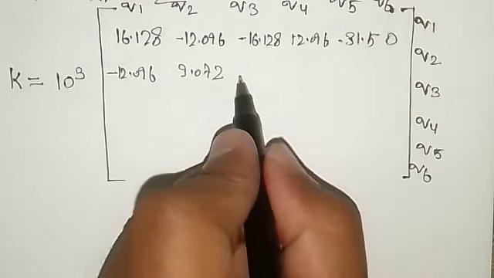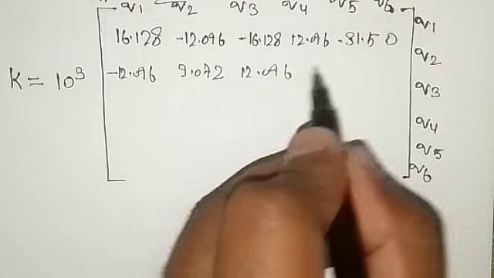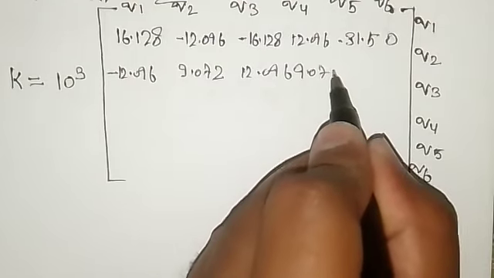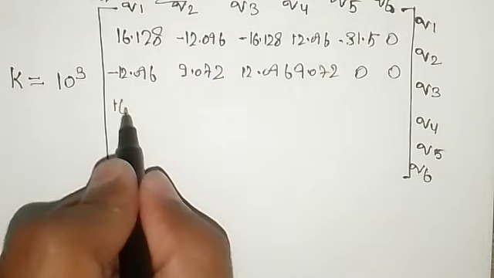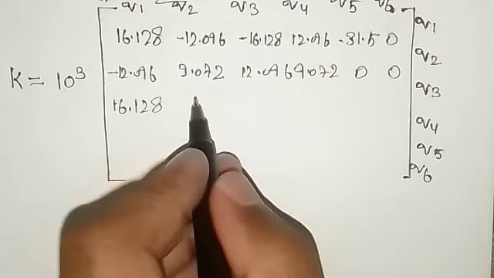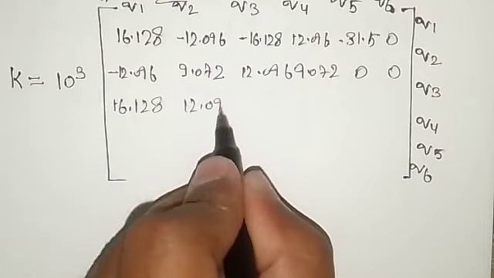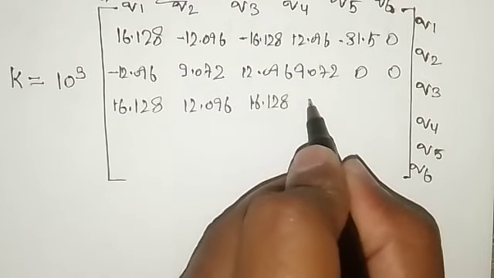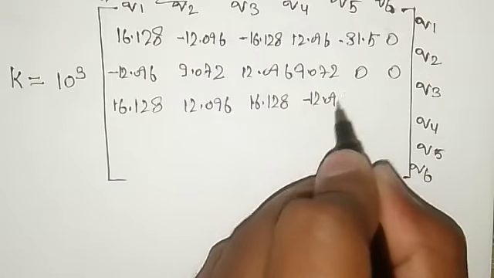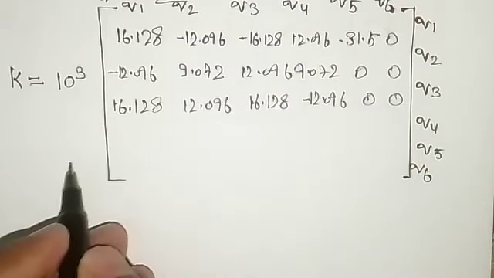9.072, 12.096, 9.072, 0, 0, right? 16.128, 12.096, 16.128 minus 12.096, 0, 0, right?